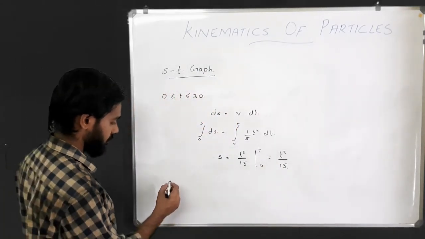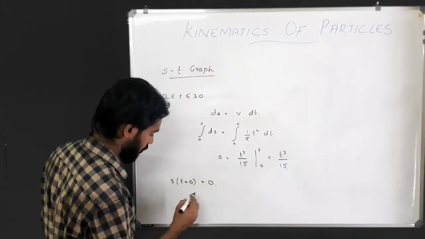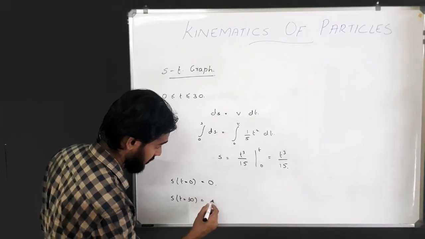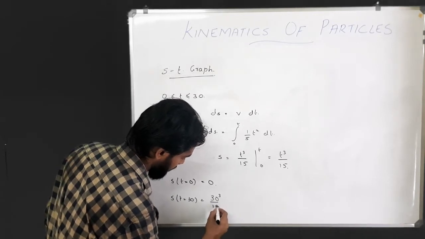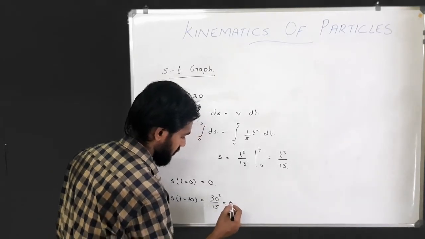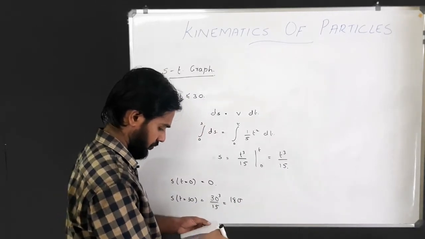Now s at t equals 0, you will get 0. S at t equals 30 seconds, you will get 30 cube divided by 15. I think it is 1800 meters.